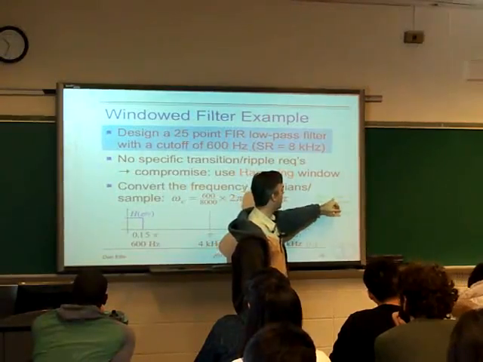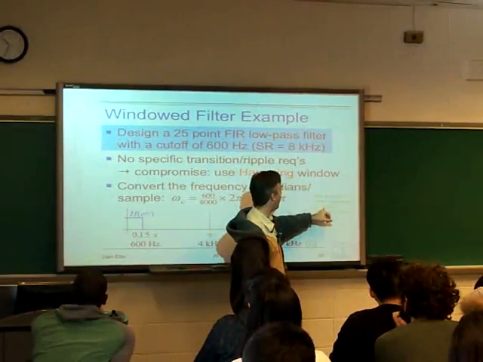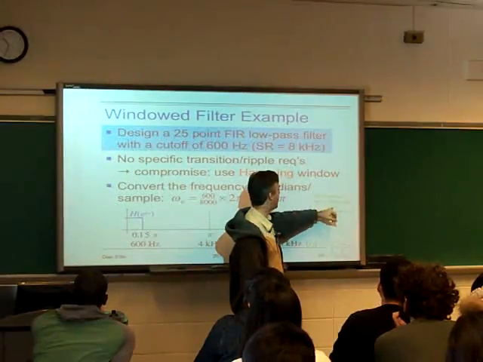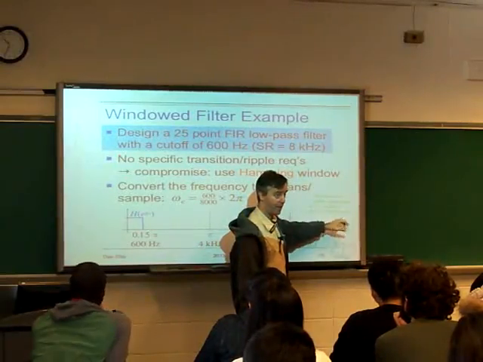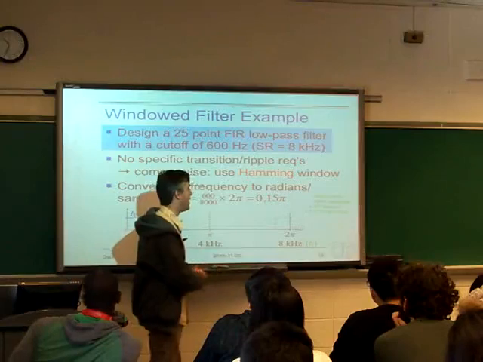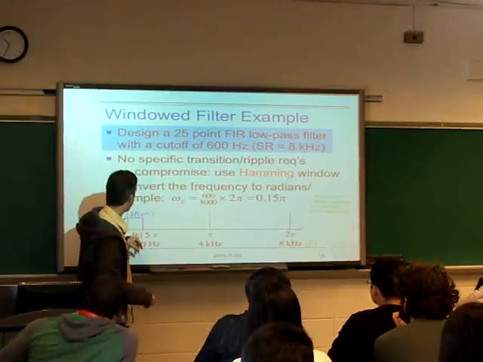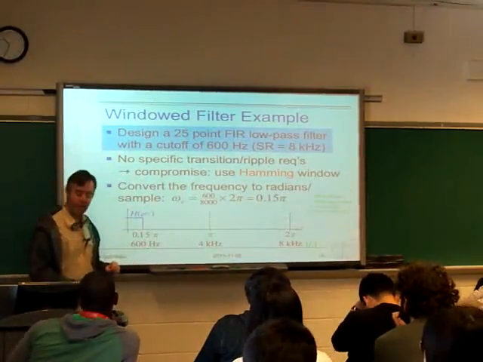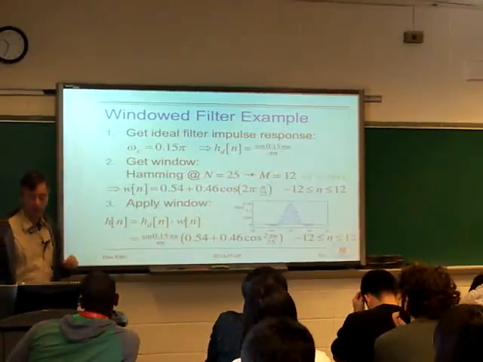That gives us cycles per sample, and then we multiply by 2 pi radians per cycle to get radians per sample, which is the unit of little omega. Little omega is how far the phasor advances each sample.